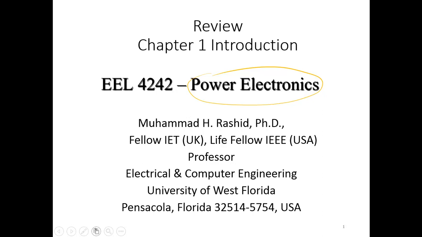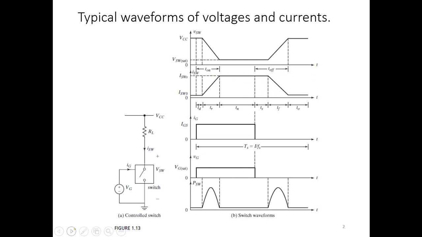The first thing that is very important to know is that power electronics deals with the switching of a power semiconductor device, which is basically an electronic device like any other. Let us consider a switch, where RL is the load, this is the DC battery, and then you have a switch.